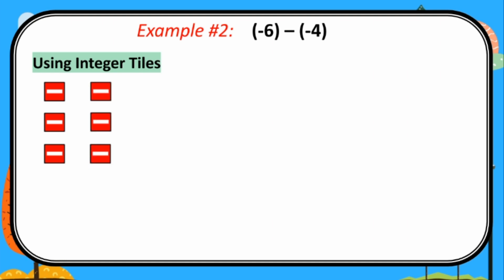Ang ating subtrahend ay negative 4. So, i-minus natin siya doon sa negative 6. Cross out na lang natin. So, we have 1, 2, 3, and 4. So, meron tayong natirang dalawang negative tiles. Therefore, negative 6 minus negative 4 equals negative 2.